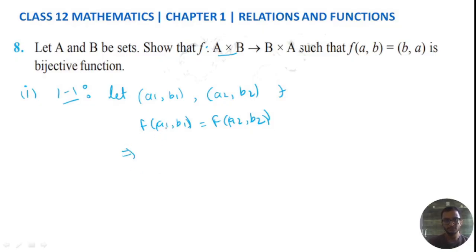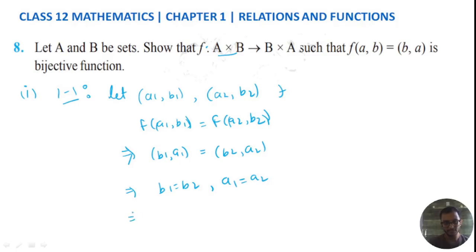Okay, so let's verify it. First of all, what is f of (A1, B1) by the definition of f? The second element will change into the first element and the first element will change into the second element, or else component-wise. So f of (A1, B1) will be (B1, A1), and f of (A2, B2) will be (B2, A2). Now comparing component-wise, we get that B1 is equal to B2 and A1 is equal to A2.